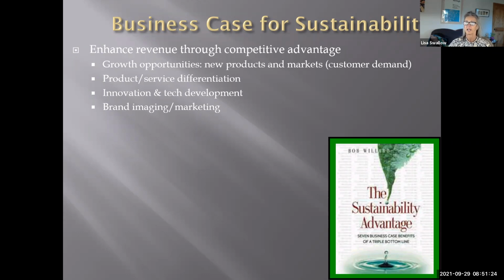I source ethical raw materials, things like that. So, enhancing revenue through increasing customer demand, I might add, around requesting green products, sustainable products.